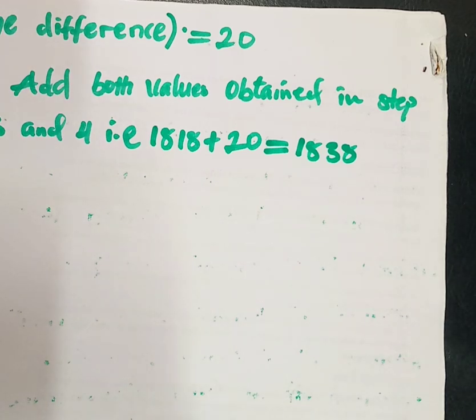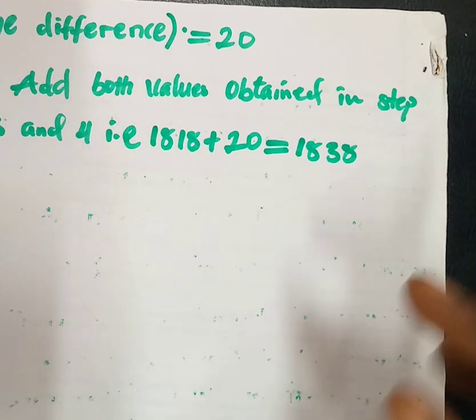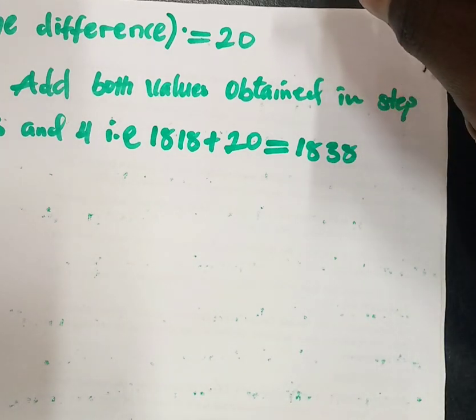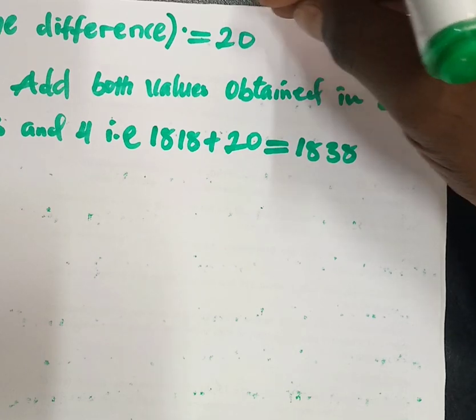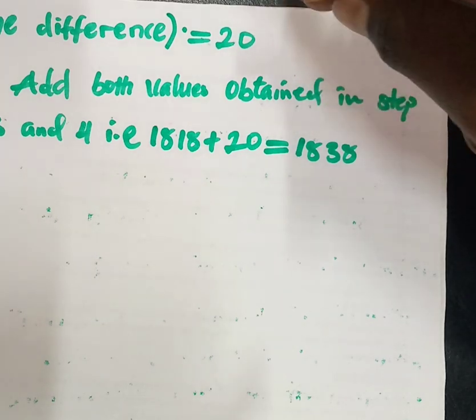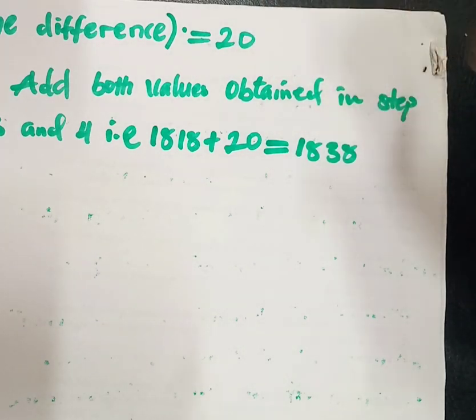That is 1818 plus 20. And when you add this figure, you have 1838.